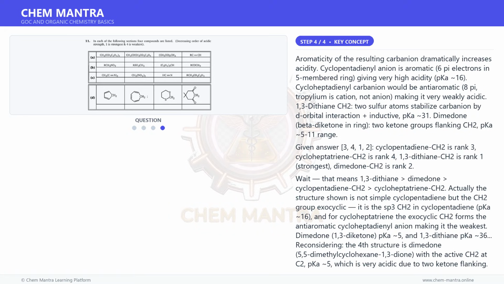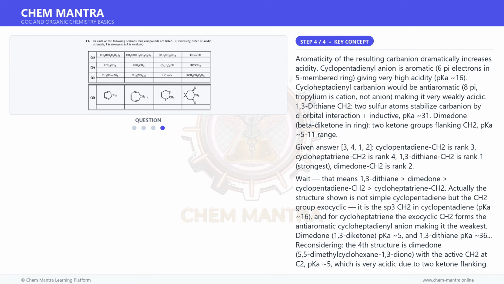Given answer 3, 4, 1, 2: cyclopentadiene CH2 is rank 3, cycloheptatriene CH2 is rank 4, 1,3-dithiane CH2 is rank 1, strongest, and dimedone CH2 is rank 2.